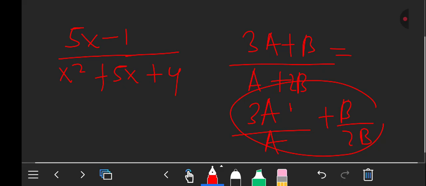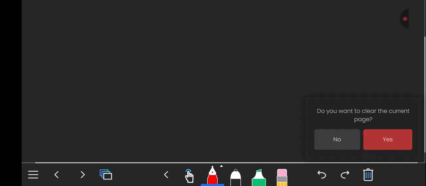They want you to separate the original fraction into parts, into halves. Okay, that is the general idea. So this is what we want to talk about.